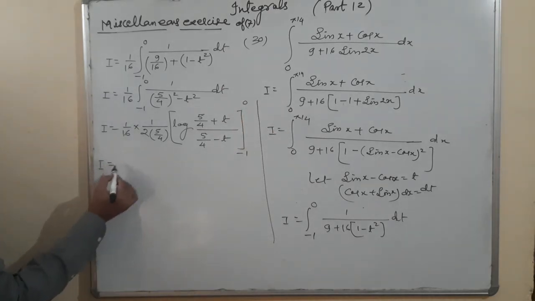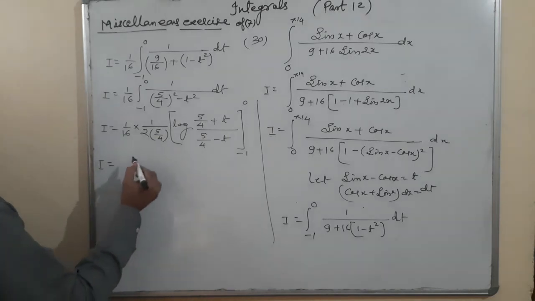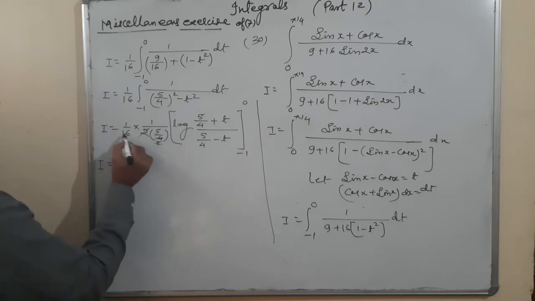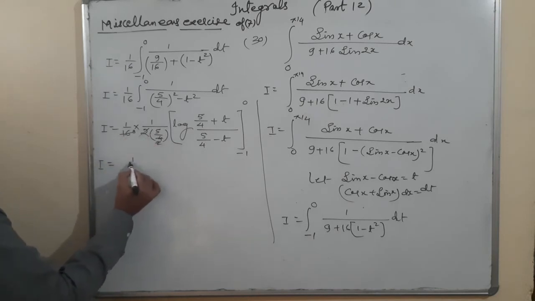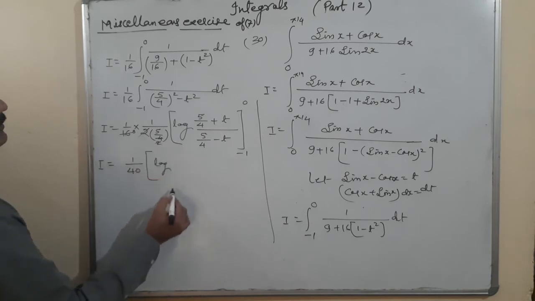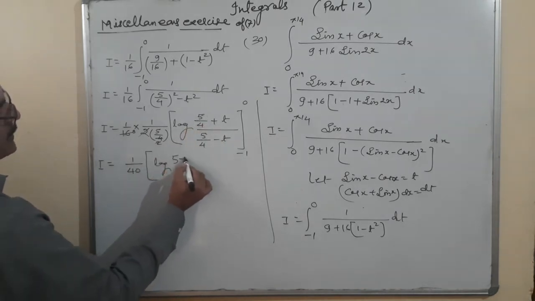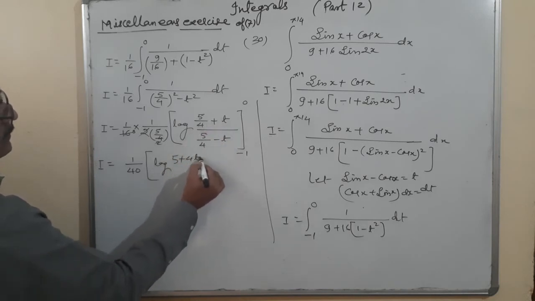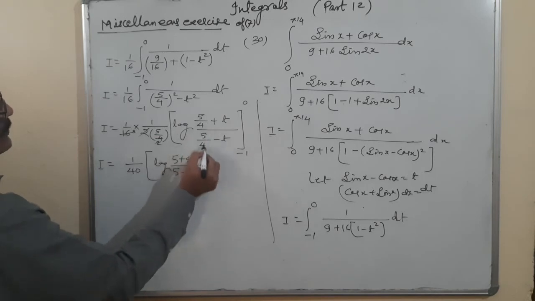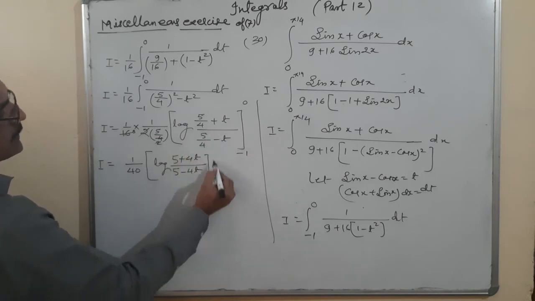I is equal to, now 2 and 2 eights are 8, 5 eights are 40, so 1 upon 40 log (5 plus 4t) upon (5 minus 4t), because this 4 and 4 will be cancelled after LCM, minus 1 to 0.